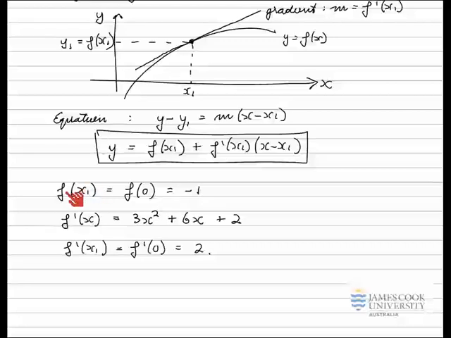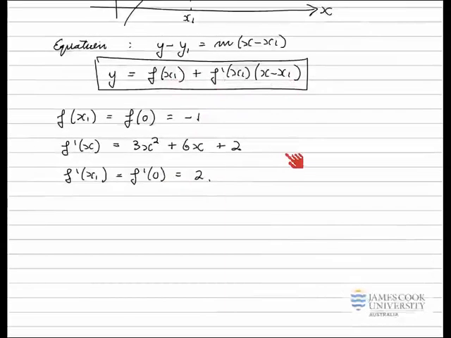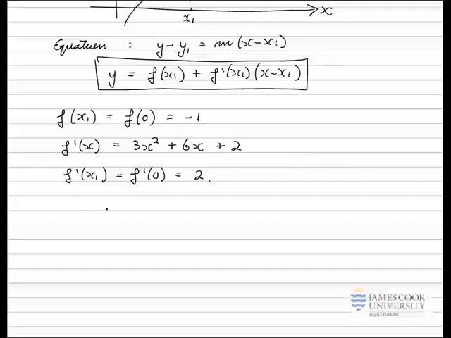So with the function evaluated at x1 and the derivative of the function evaluated at x1, I substitute into the equation for the linear approximation, which gives me y is equal to f of x1, which is negative 1, plus 2 outside of x minus 0 for the value of x1.